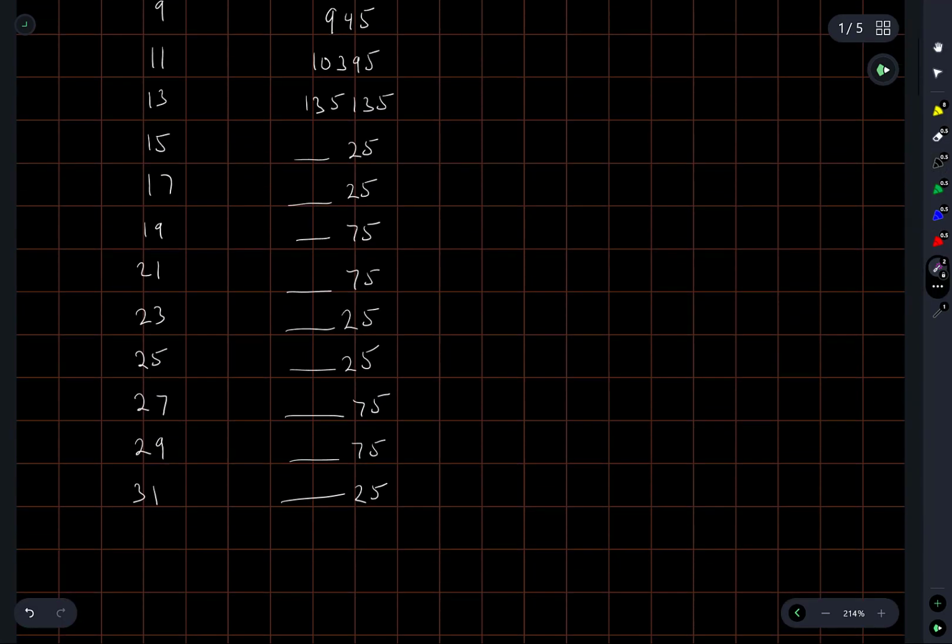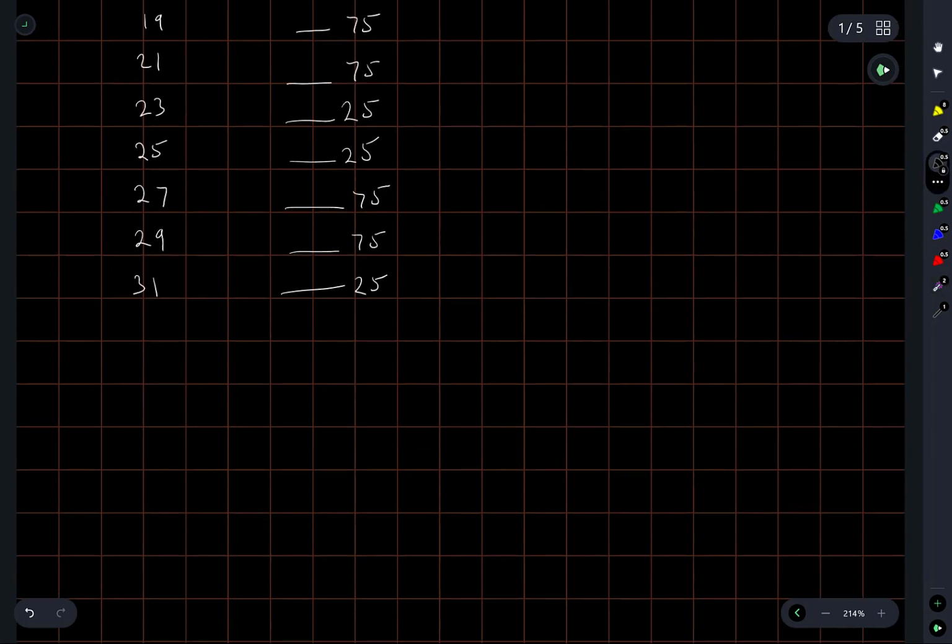Eventually, we keep alternating between 25 and 75 as the last two digits. I'm going to continue this just a couple more times, and then if it continues, we'll see if we can try and prove that this always holds. Yeah, it seems to continue here.